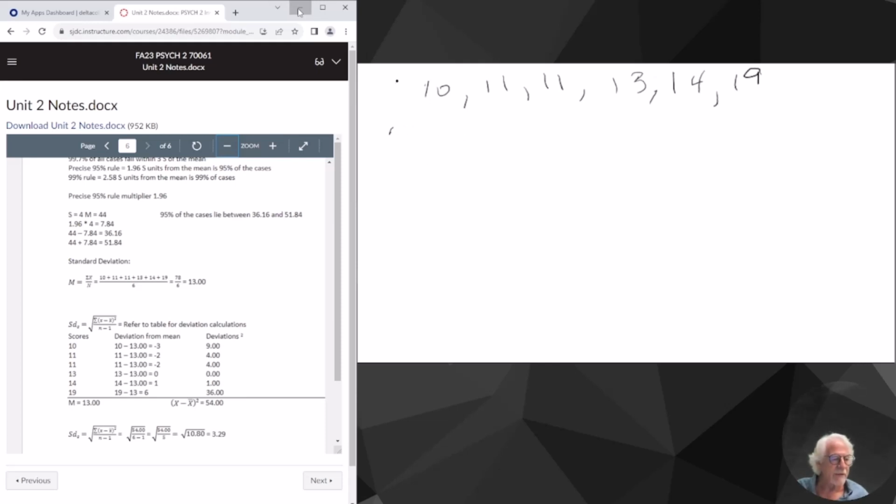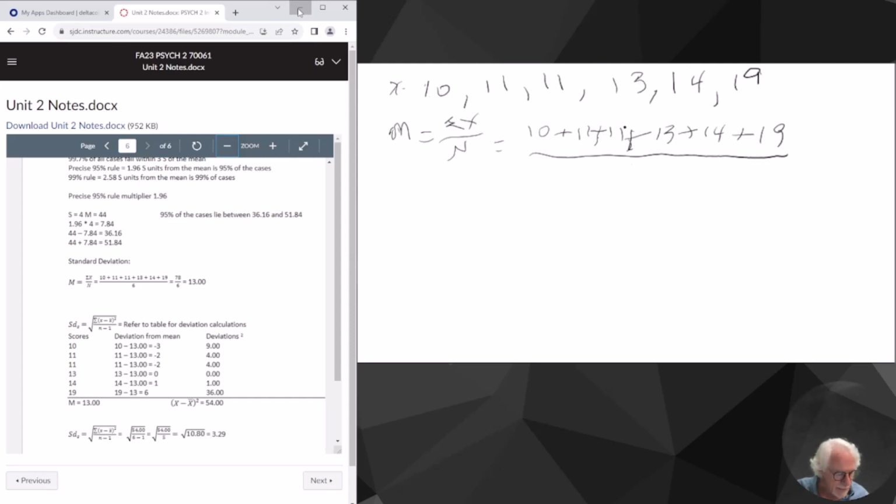So the first thing I need to do is this is X, and now I need to know the mean. And we know how to do this: it's the sum of X over N. So we're going to do 10 plus 11 plus 11 plus 13 plus 14 plus 19 over what's n? 1, 2, 3, 4, 5, 6.